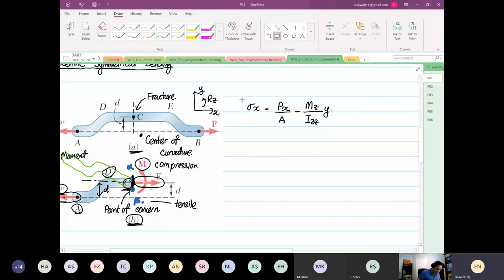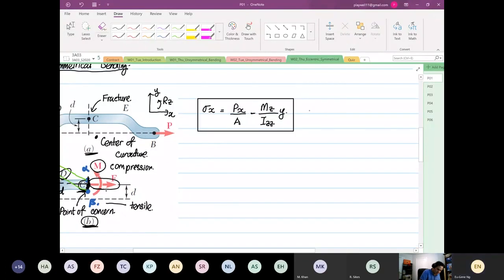This formula that you see is for eccentric symmetrical bending.